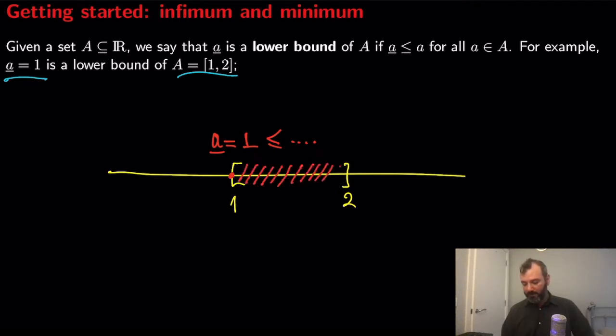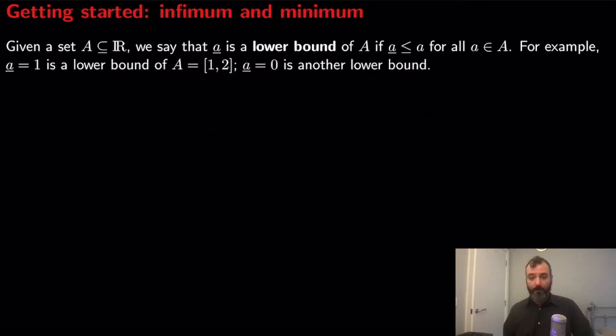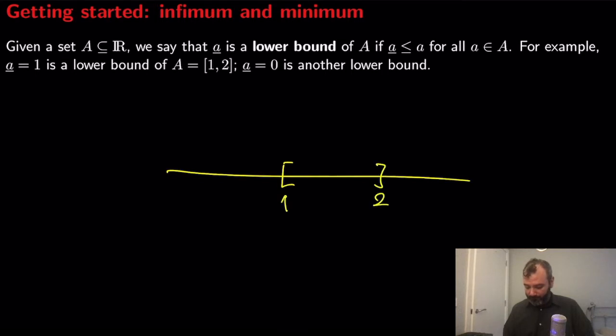If you are concerned about the left limit, 1 is less than or equal to 1, so it's not a problem. 1 is less than or equal to 1.3, and so on and so forth, less than or equal to 2. 1 is indeed a lower bound of the set from 1 to 2. But for the same set, there are more lower bounds. 0 is another lower bound, minus 1 is another lower bound, minus 5,000 is another lower bound.